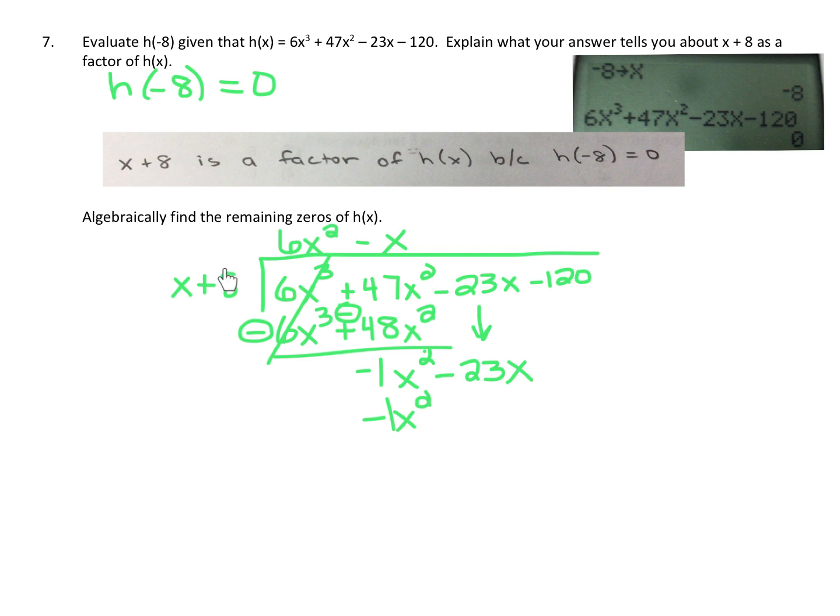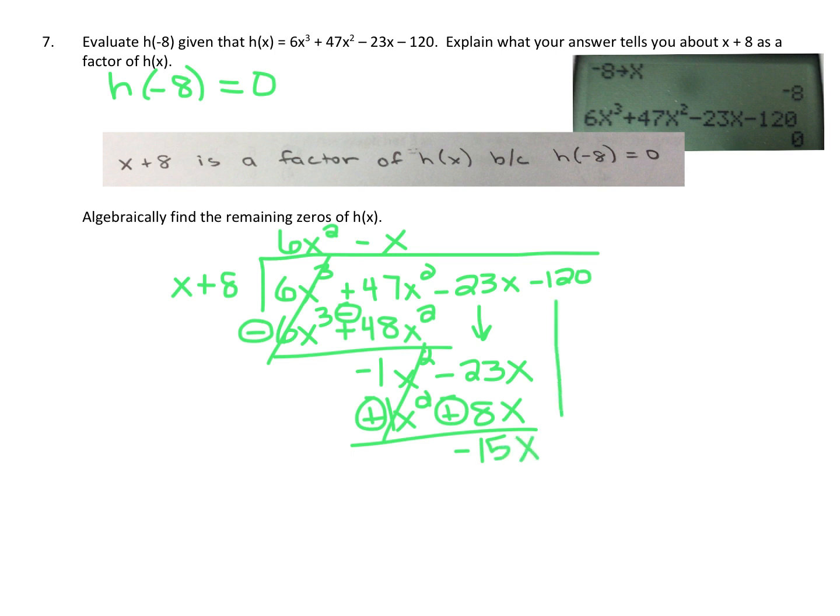And then negative x times 8 would be negative 8x. And then we're going to change our signs, so make this an addition and circle, and make this an addition and circle. So our first two terms cancel off, and negative 23 plus 8 would be negative 15. So because we have an x on it, we're going to bring down the negative 15x.